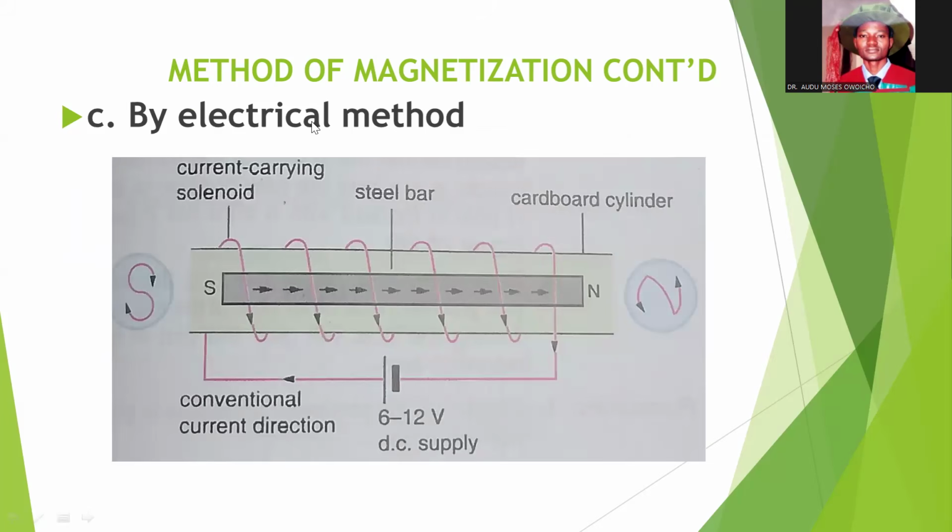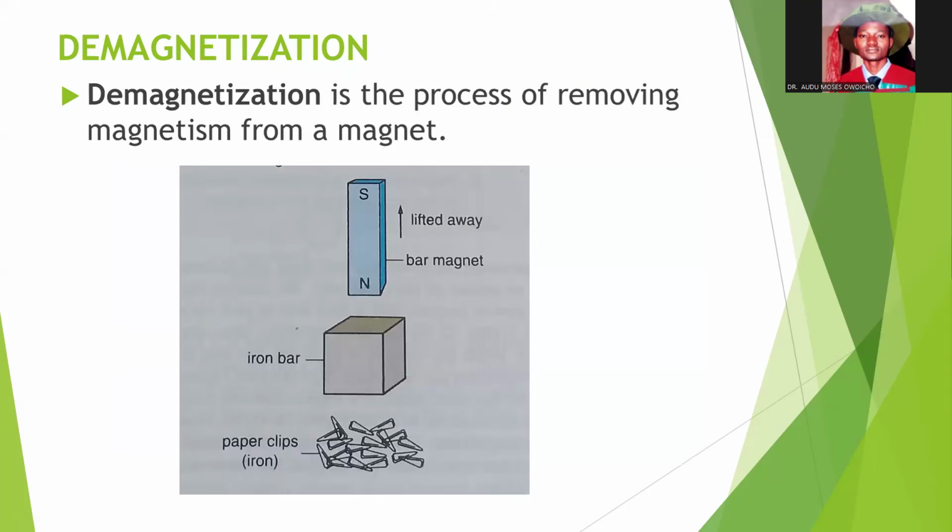Then the third method is the electrical method. Here, you put your magnetic material, a steel bar, in a solenoid carrying DC current. If you leave it in the solenoid, after some time you discover that it will acquire magnetism and it will act like a magnet.